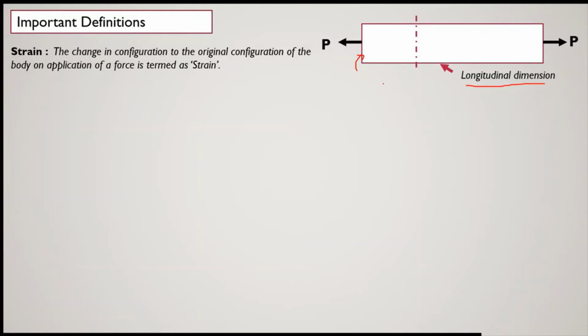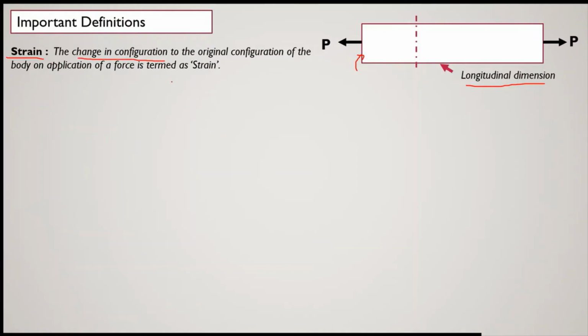That means what our terminology and definition will be. So when there is elongation or compression, that means deformation in the body, then we will say some strain is getting developed. That means that material is strained.